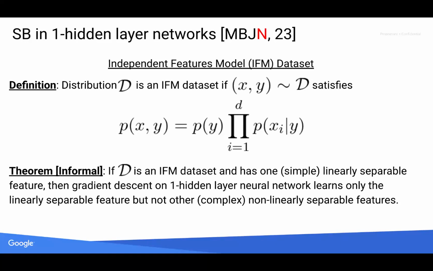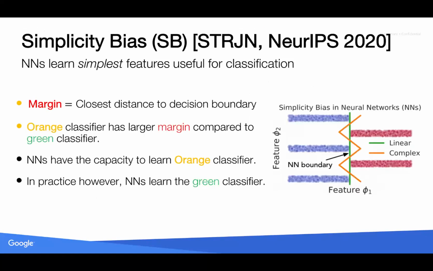And the main theorem that we can prove about simplicity bias in a one hidden layer neural network is that if D satisfies this independent features assumption, and it has at least one linearly separable coordinate, so in the previous slide we saw that in the feature P1 direction the data is linearly separable, right? P1 is less than something for the positive and P1 is greater than something for the negative.